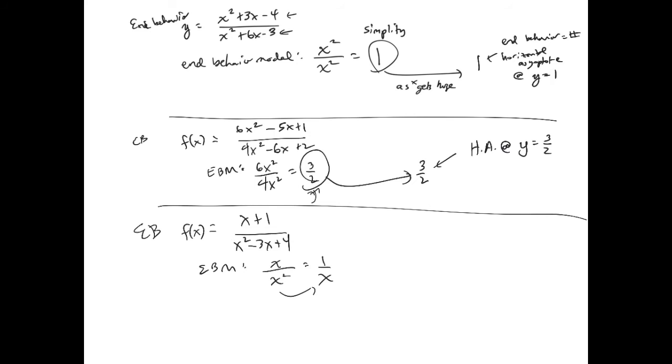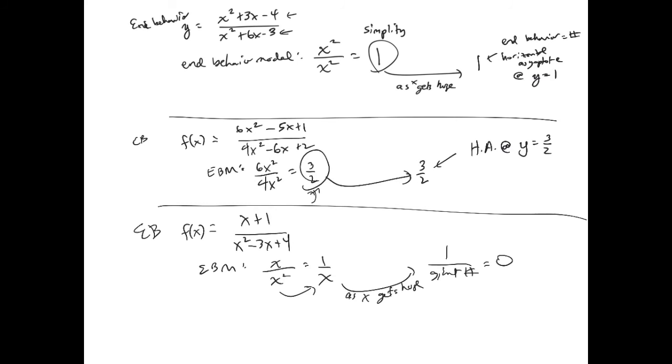That simplifies down into this. Now, that still has an x in it. So when we ask ourselves, what happens as x gets huge? We would find that you get 1 over a giant number. And when you divide 1 by a giant number, it gets closer and closer and closer to 0.